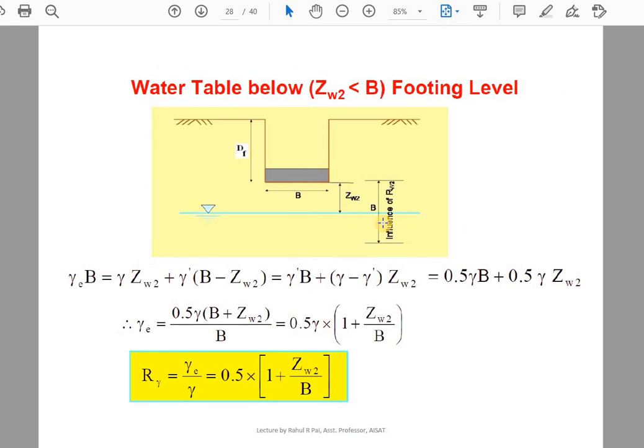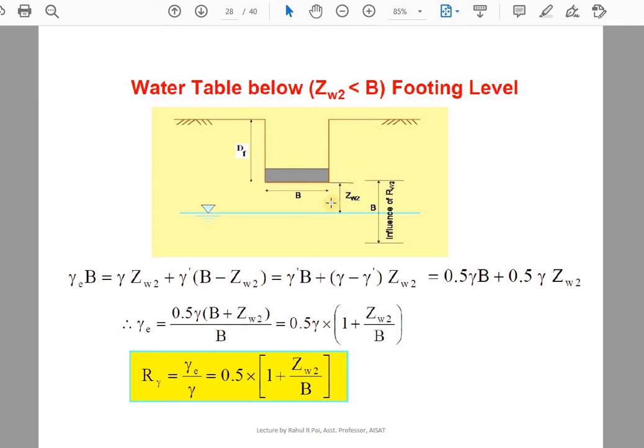So next case, when the water table is at a depth within the width of the footing, like this in this case. Here the soil above this particular depth is not submerged. So here you need not apply the reduction factor in the second term.